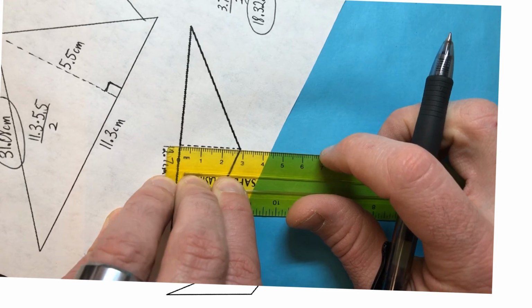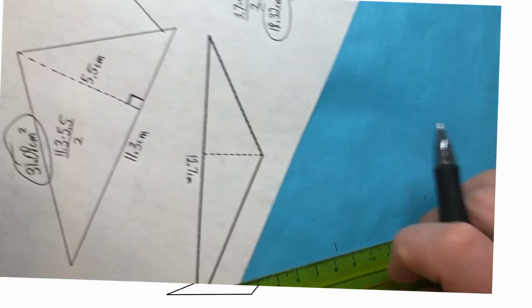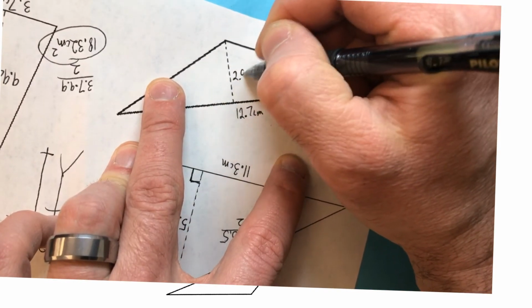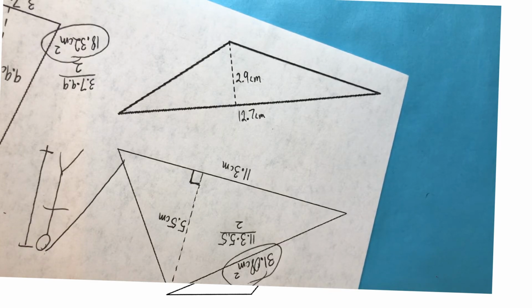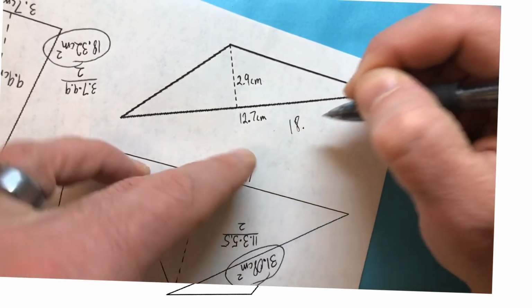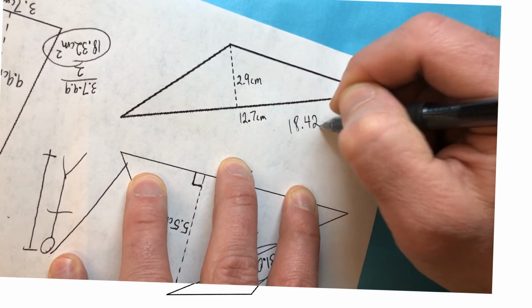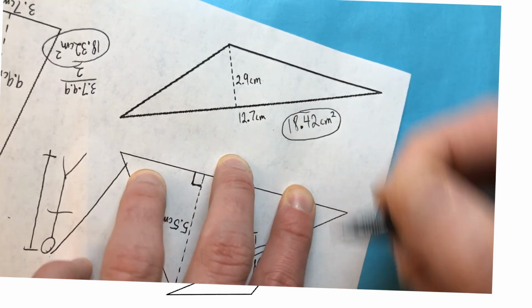Okay, I think I'm going to go with 2.9. A little bit closer to 2.9, I think. All right, so base times height divided by 2. 12.7 times 2.9 divided by 2. 18.42 square centimeters.